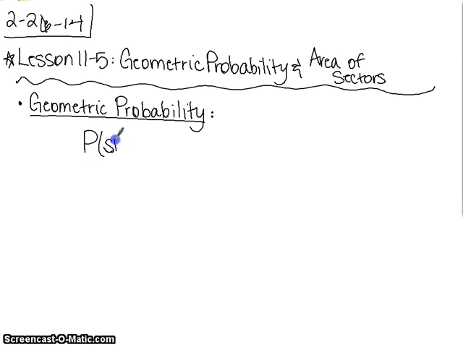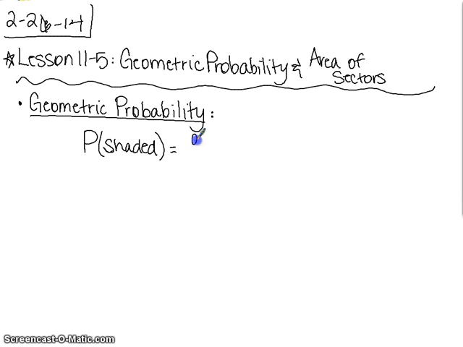So in geometric probability, typically it has to do with figuring out the probability of a shaded region. So we do P and then just put shaded in parentheses. The way that you figure this out is basically the same way that you would figure out any probability.